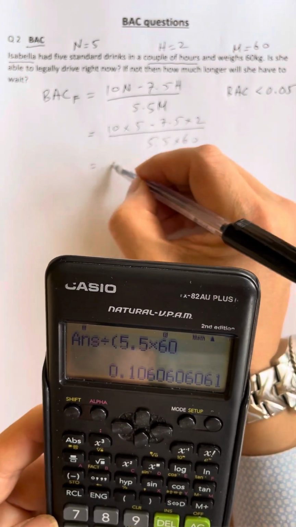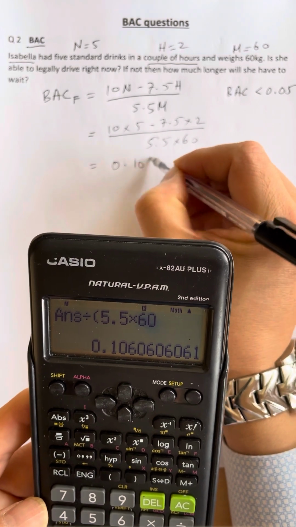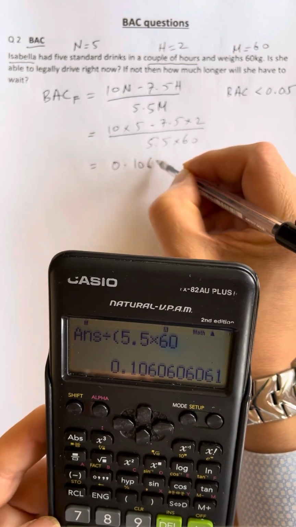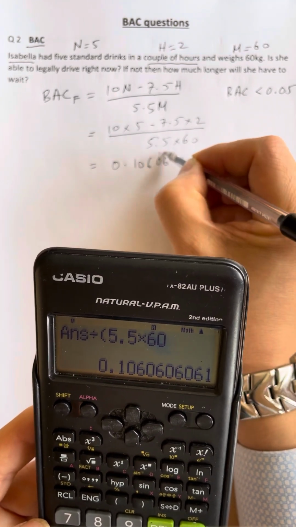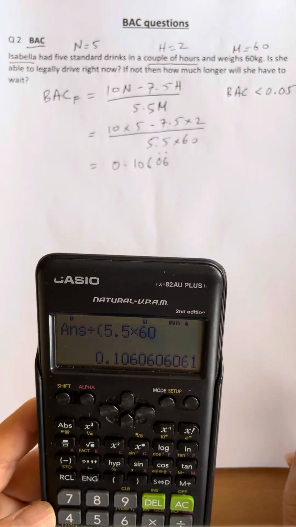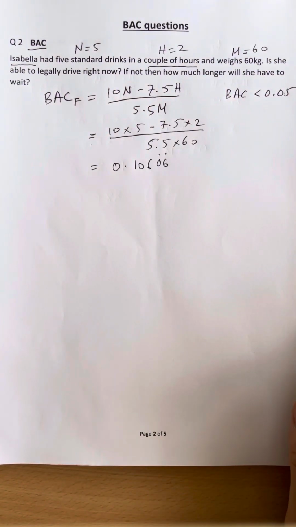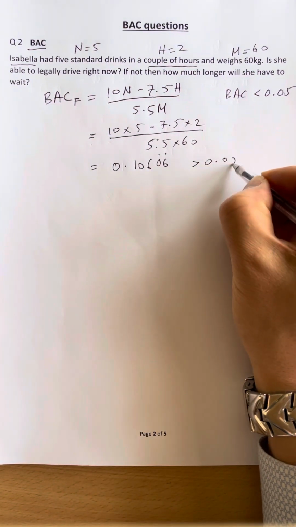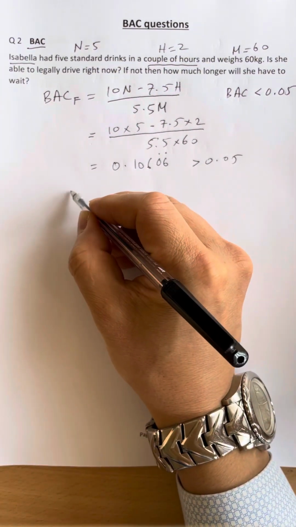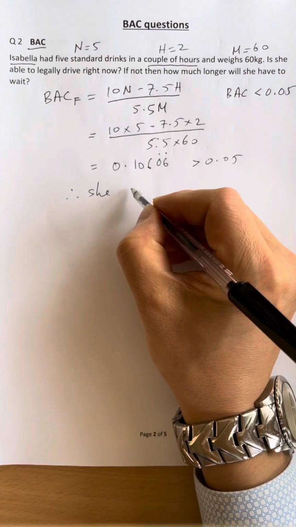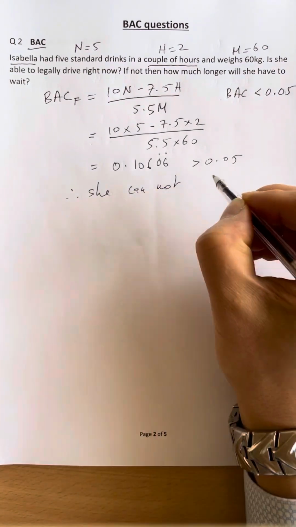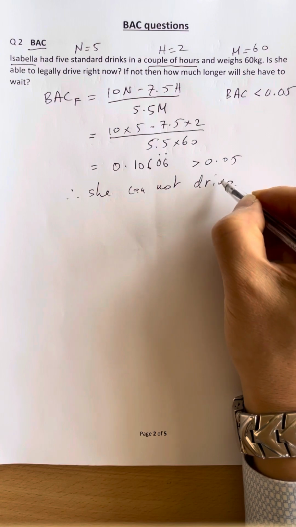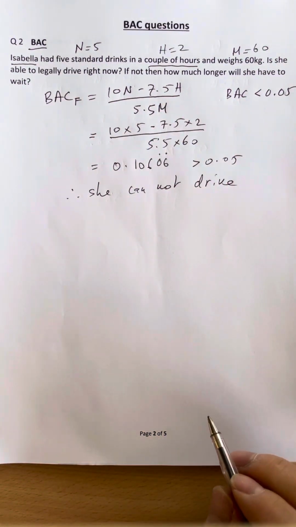So you get 0.10606 recurring. So that's her BAC, and no, since that's greater than 0.05, therefore she cannot drive right now because it's over the limit.